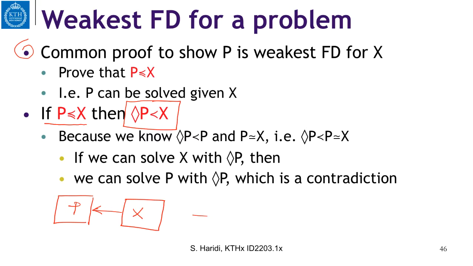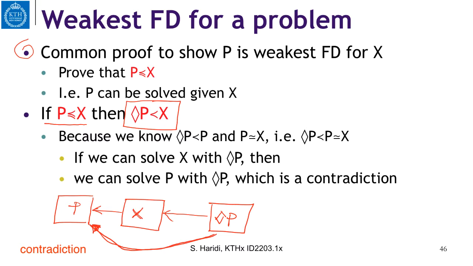If we assume that we can solve X using diamond P, then by transitivity we know that diamond P can solve P, but that is a contradiction. Therefore we show that P is the weakest failure detector for X.